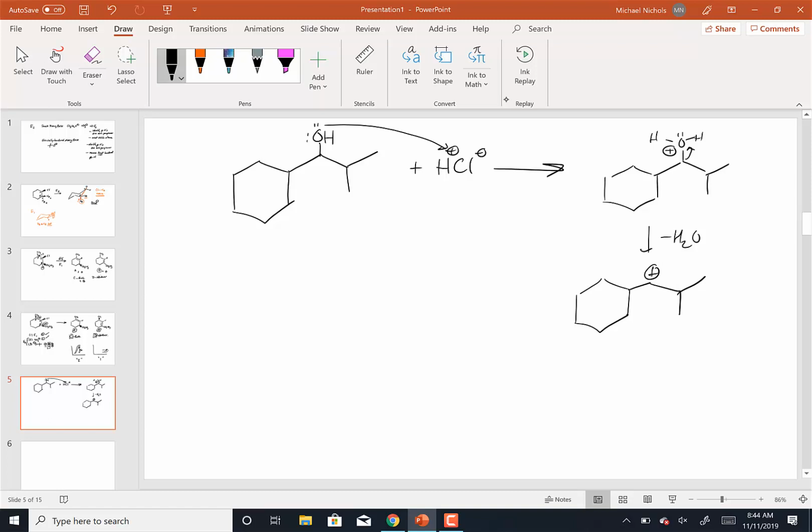SN1. So it's possible that this could undergo SN1. So if this is SN1, then I could end up with the chloride here.